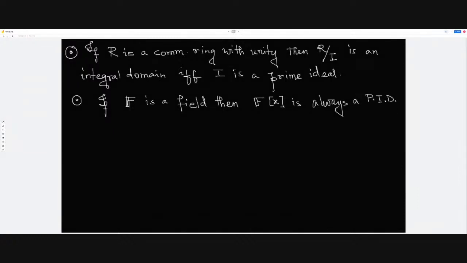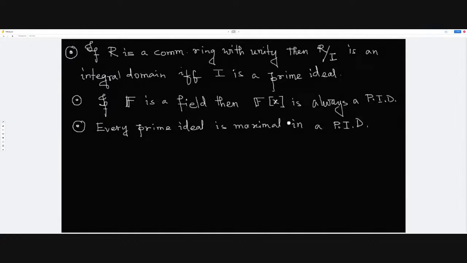So if F is a field, then F[x] is always a PID. Lastly, every prime ideal is maximal in a PID.